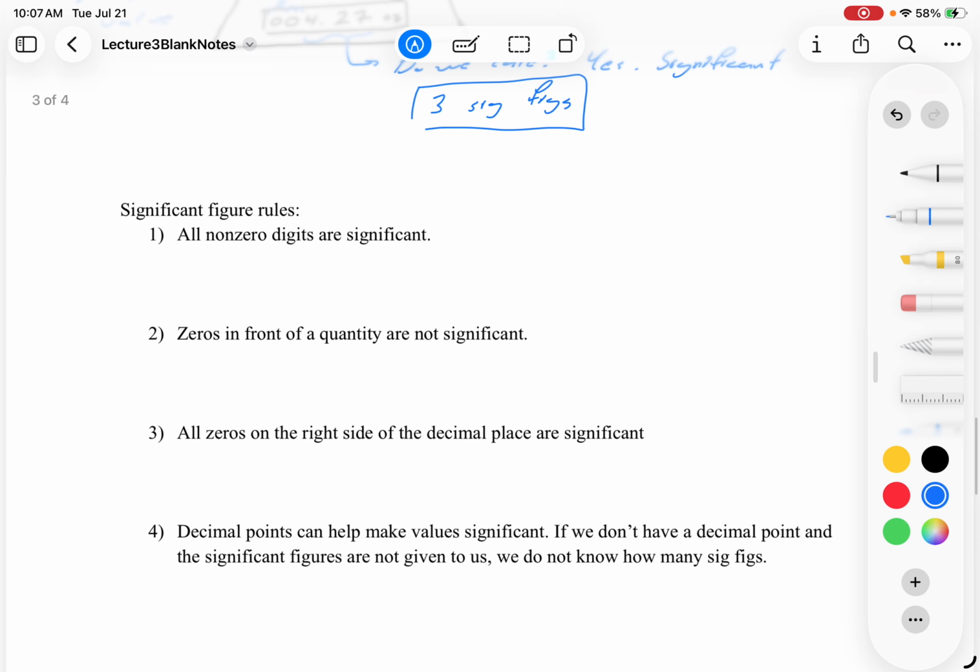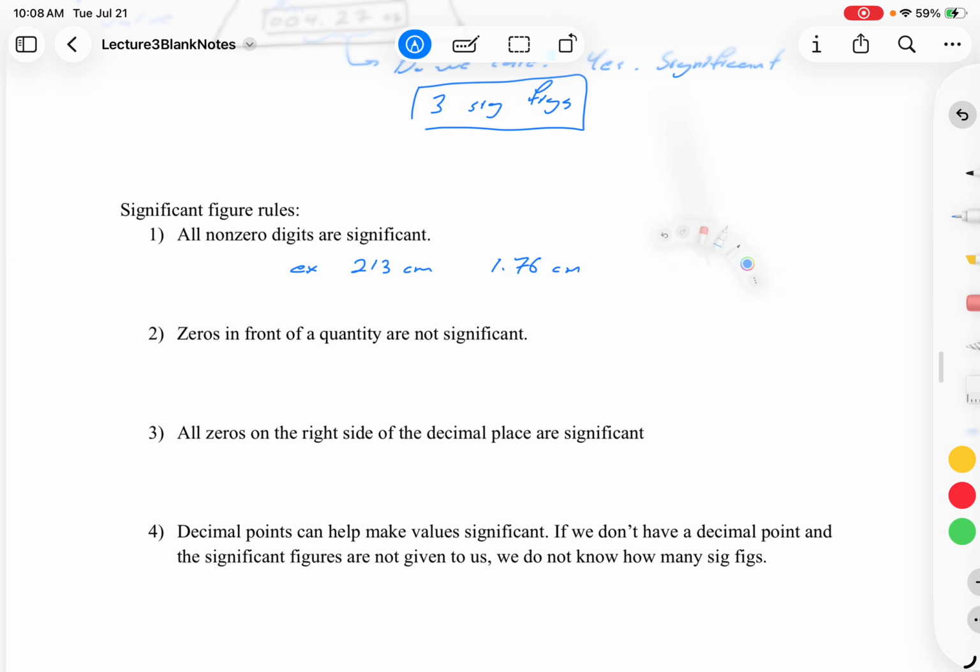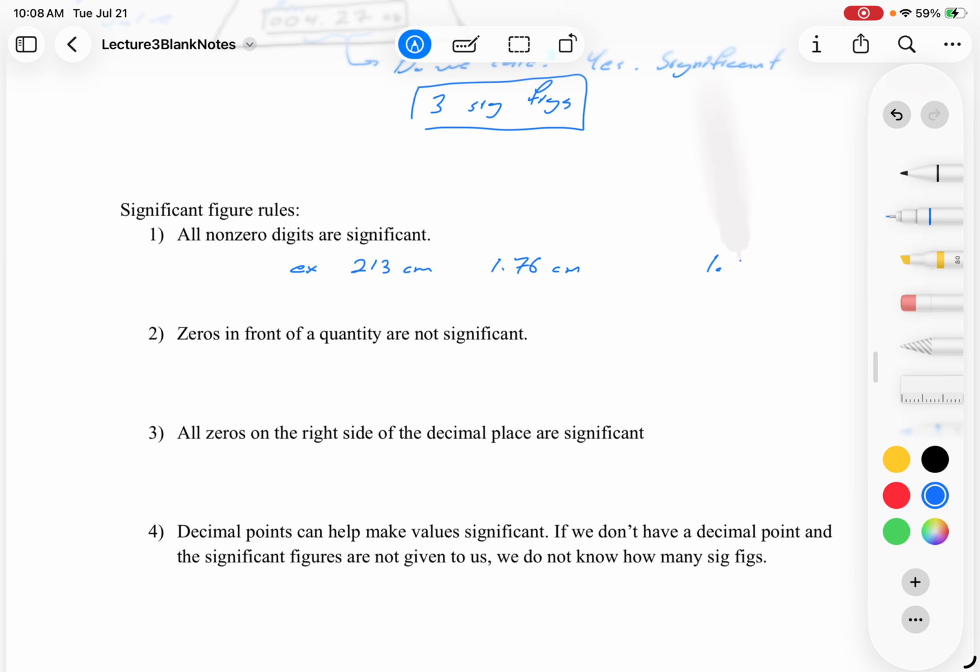Here are some rules for sig figs. Number 1: all non-zero digits are significant, kind of like we saw in the previous example. For example, we have 213 centimeters, 1.76 centimeters, and 1.327 kilograms.